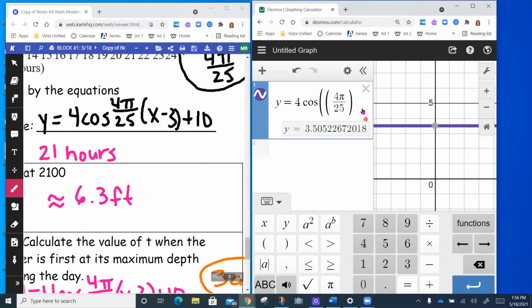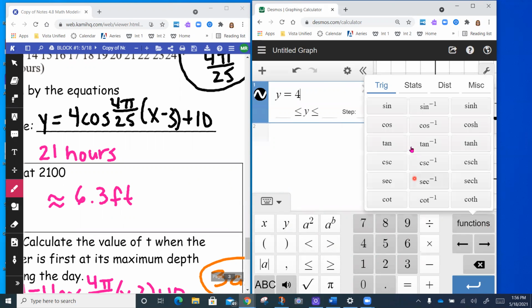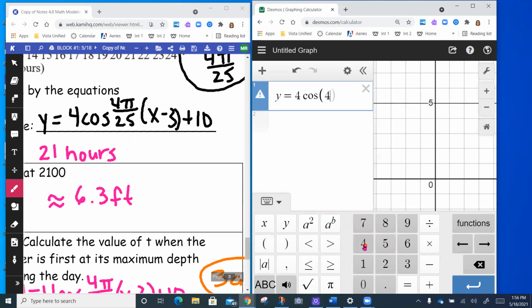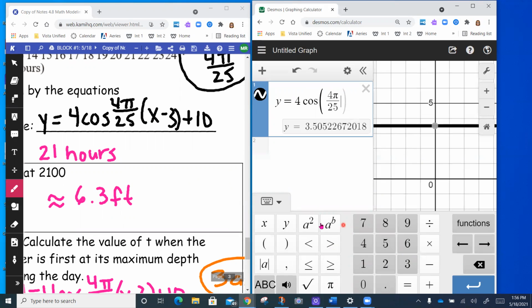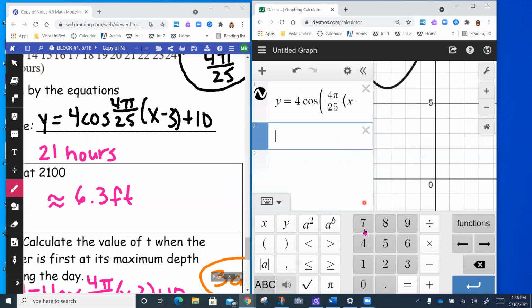Actually, hold on, let me restart this. y equals 4 cosine of 4 pi divided by 25 times x minus 3, close, plus 10. And then it was y equals 7.